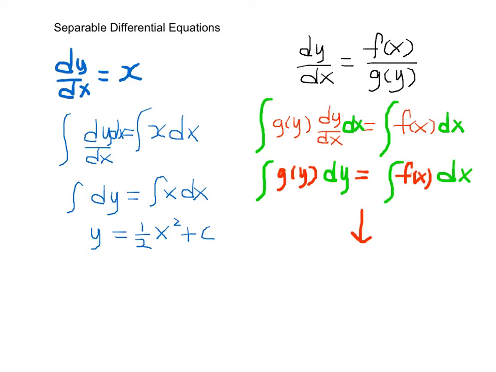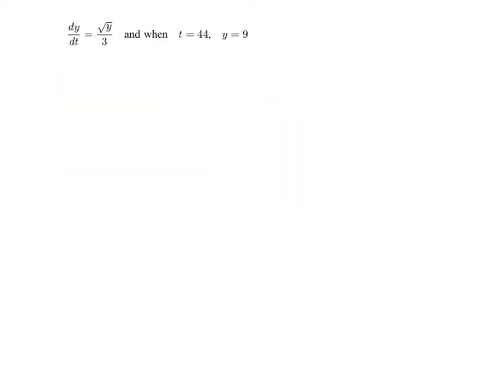Let's look at another example, slightly harder, and see how it goes. So here we are. We have dy/dt equal to the square root of y over 3, but we do know that the square root of y is actually y to the power of half, and this is just really 1/3. This is a different way of writing it. So we can separate this, because we can think of it this way.